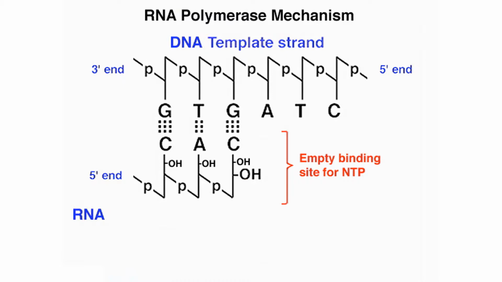So the mechanisms of RNA and DNA synthesis are quite similar. Again, RNA synthesis occurs on the template strand of the DNA, and it is transcribed in a 5' to 3' direction, just like DNA. So our template strand runs 3' to 5'.